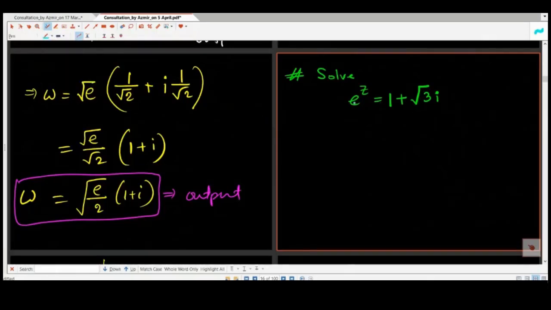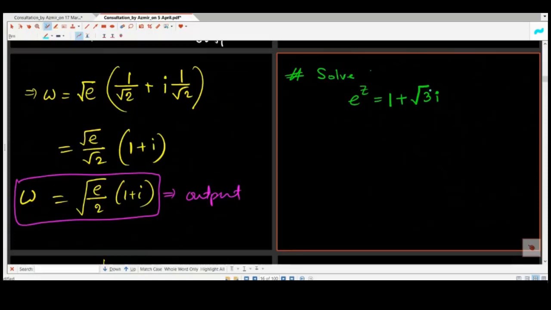this equation, what we have to do, we have to input z as x plus yi, and on the right side we have a complex number that can be converted to polar form. But first try to understand the question, that we have to find the values of z.